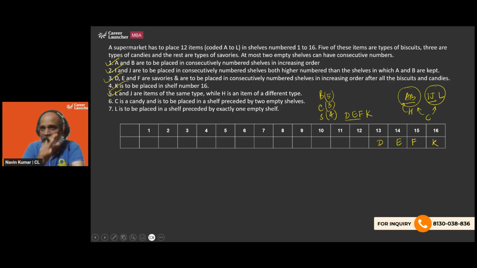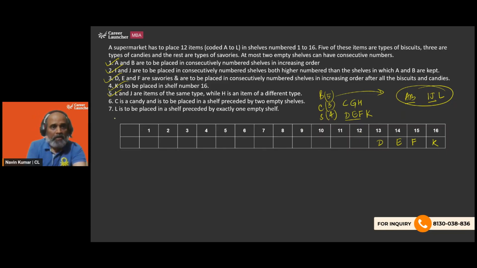That means ABH and IJL, these are not two different groups. Basically, they form the same group. So we will have ABIJL as the one group, which is obviously the biscuits. And the leftover are going to be C, G, and H. So C, G, H, they form the candies.